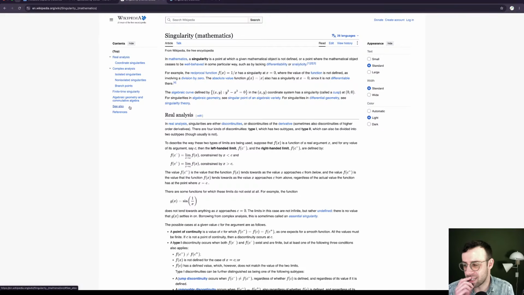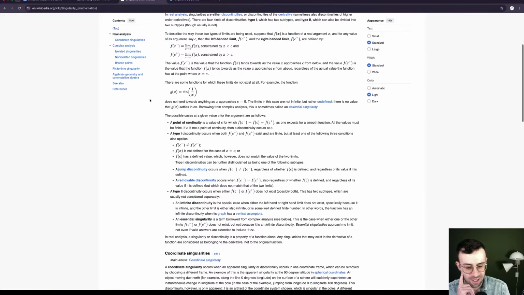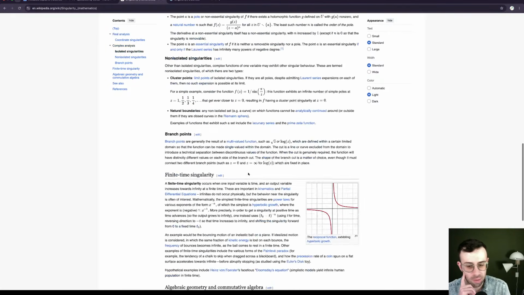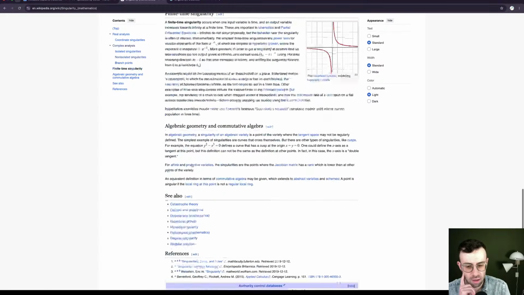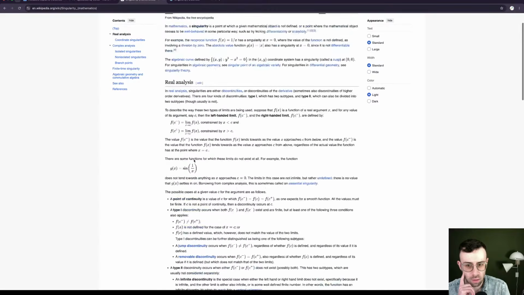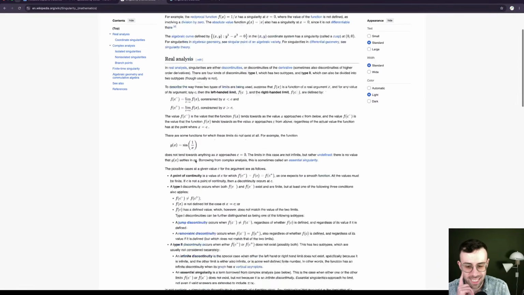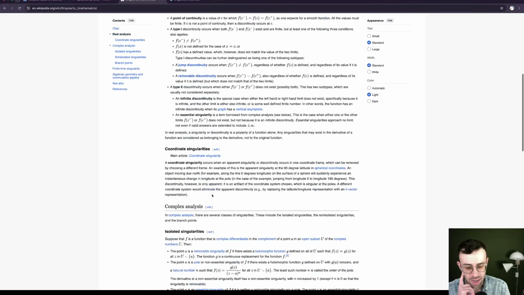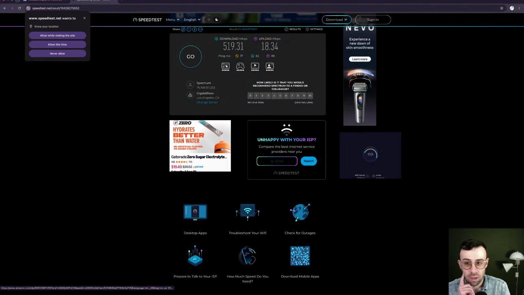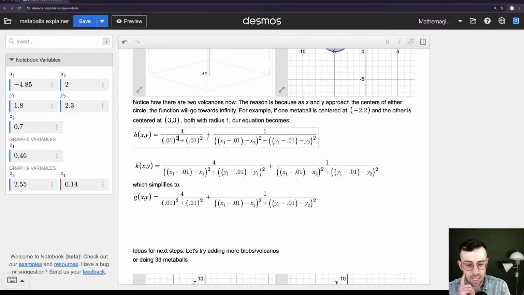There's no point because there's no point at 0, 0 for that circle. Cool. Looks like it can get very complicated in real analysis, which I did not take, and complex analysis, which I did not take either. That's interesting.